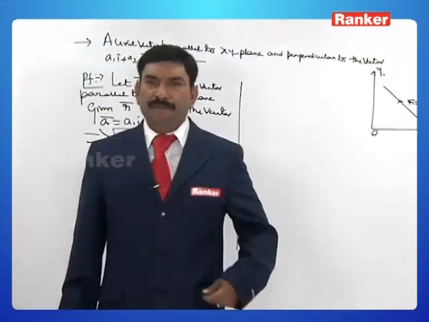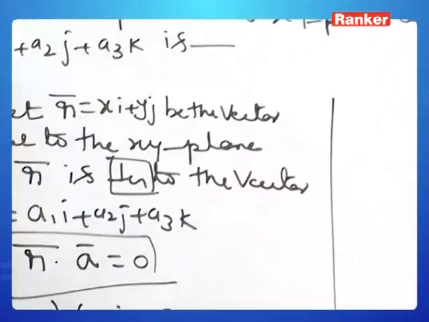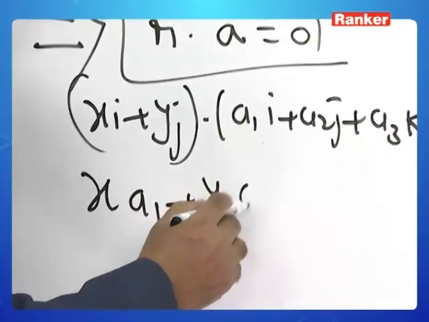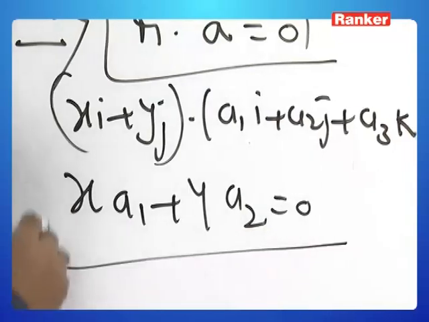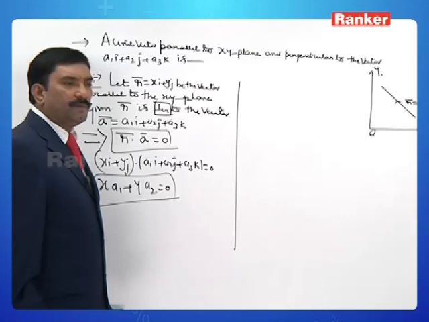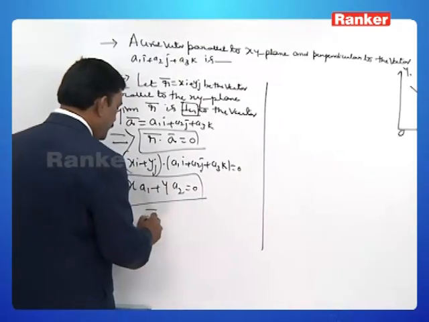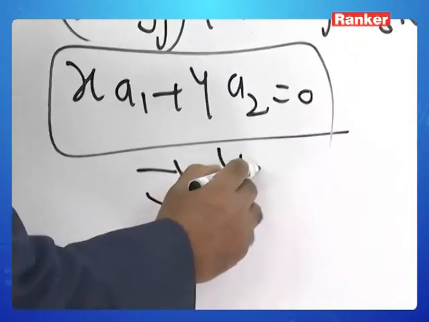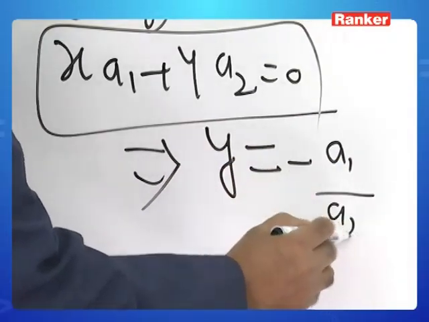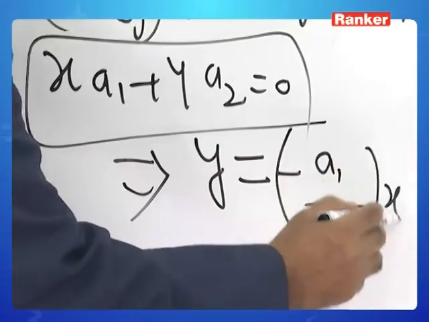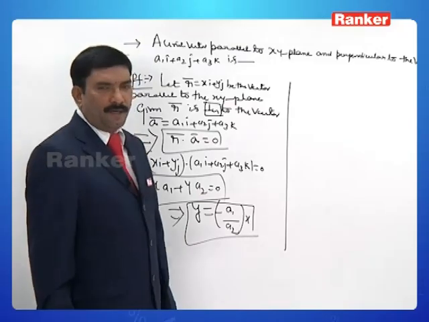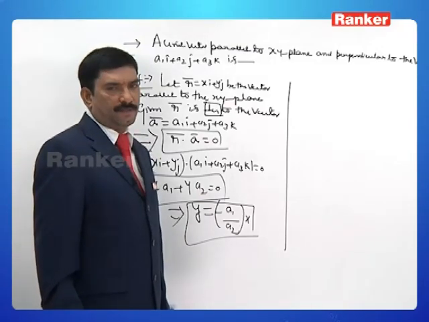Followed? So now this dot product is equal to 0. Take x a1 plus y a2 is equal to 0, which implies y is equal to minus a1 by a2 into x. I have expressed y in terms of x.